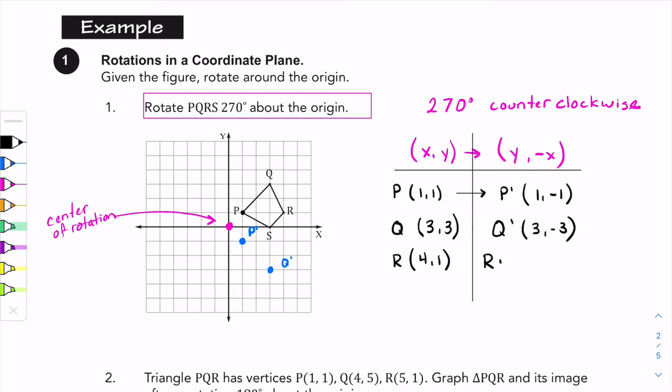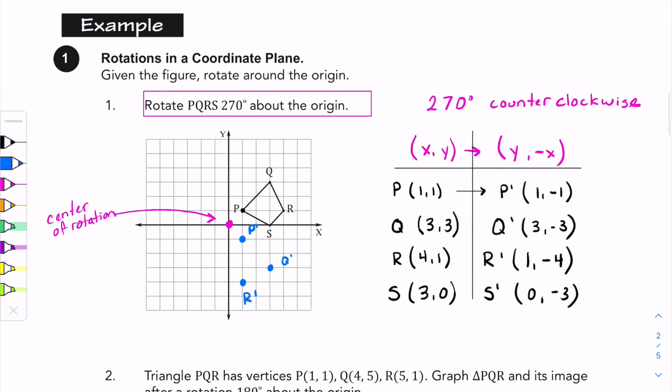R prime, make the x coordinate negative, and then switch locations, is going to be at 1, negative 4. And lastly, S is at 3, 0. Make your x coordinate negative and switch their locations. 0, negative 3 is the location for S prime.